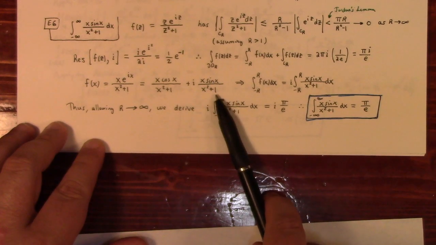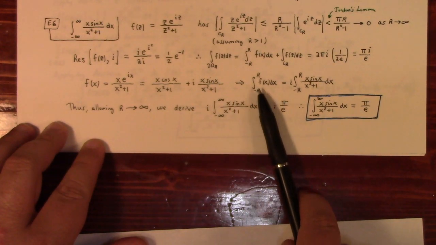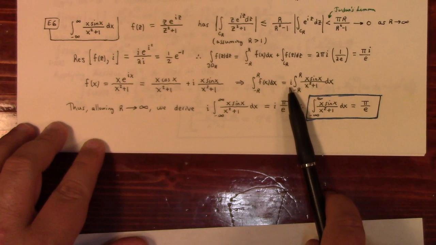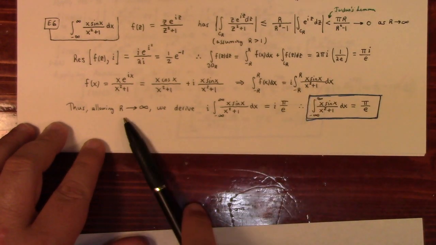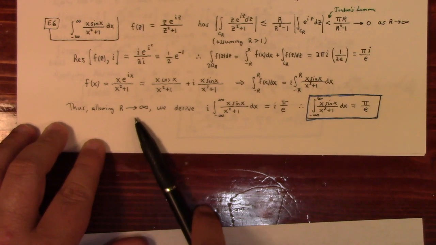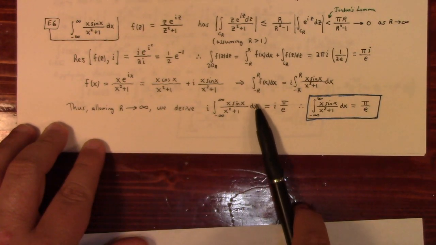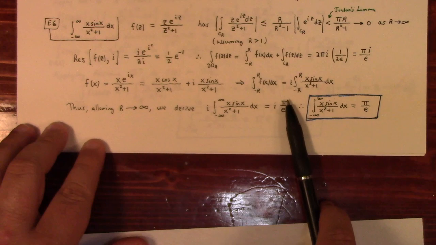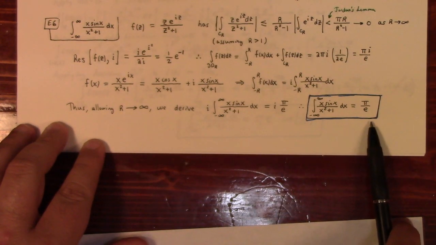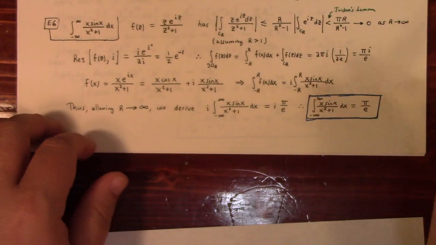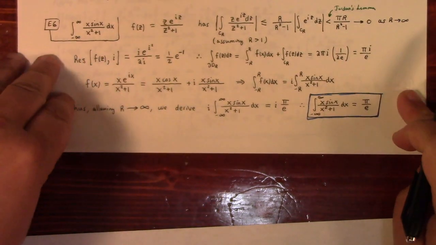It doesn't automatically integrate to 0. The integral from minus r to r of f of x dx then simplifies to just i x sine x dx over x squared plus 1. And then if we let r go to infinity, we get i times that integral equals i times pi over e, which then dividing out the i's gives us this. Hooray! So there's an application of Jordan's lemma.